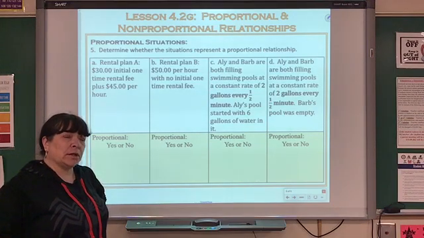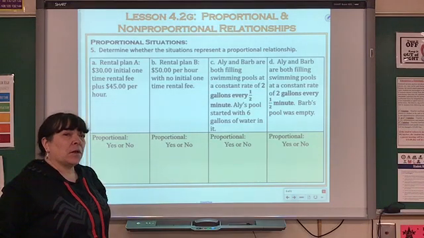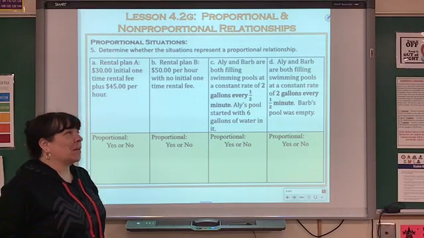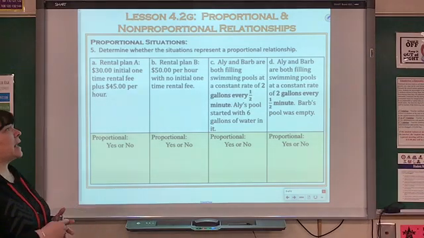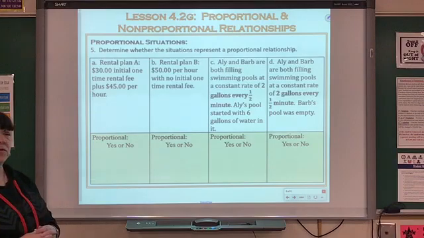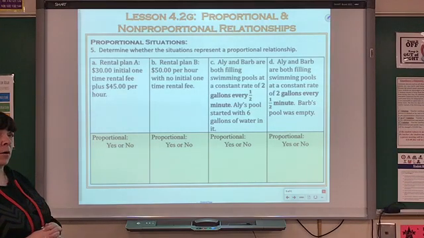So as we look at these 4, if we can write an equation, then we can decide yes or no. If I look at A and B, they're both about rental plans. Rental plan A says a $30 initial one-time rental fee plus $45 per hour.